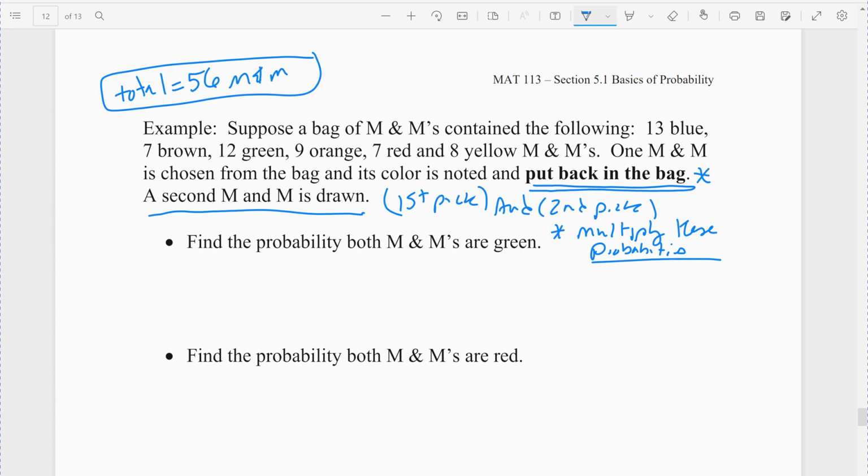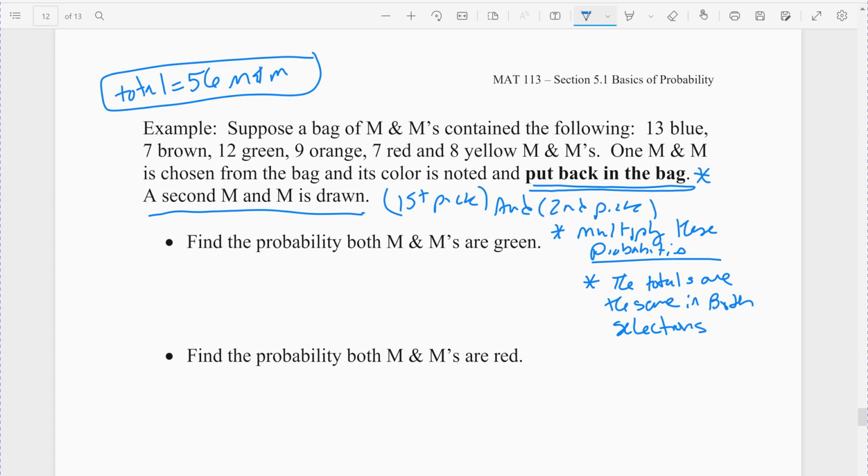What you're going to make a note of is, since I put it back in the bag, the totals are the same in both selections.